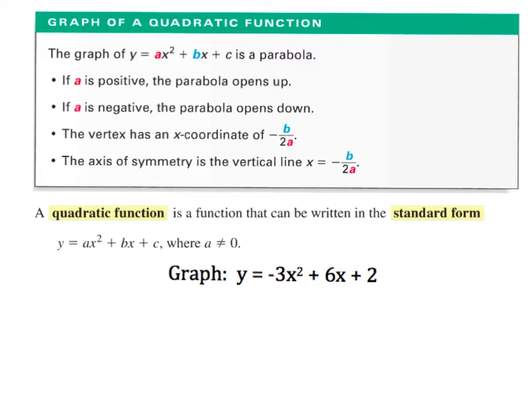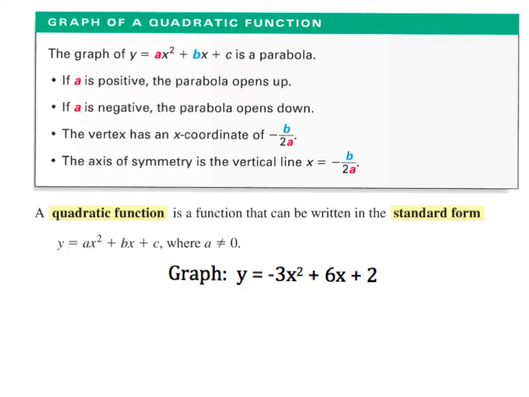Okay, so anytime we have a quadratic equation, we want to put it in standard form. So it needs to look like ax squared plus bx plus c, where again a cannot be 0. In an earlier chapter, we said standard form meant a always had to be positive. That's not true when we're working with quadratics.